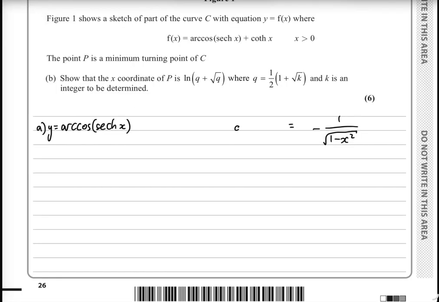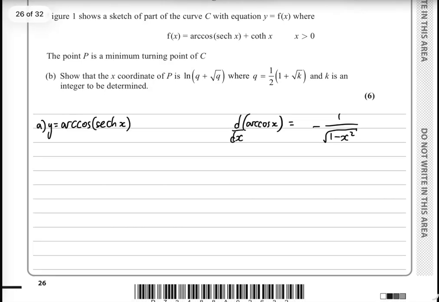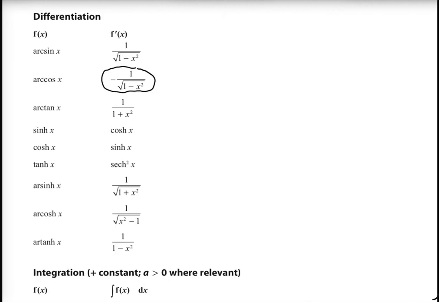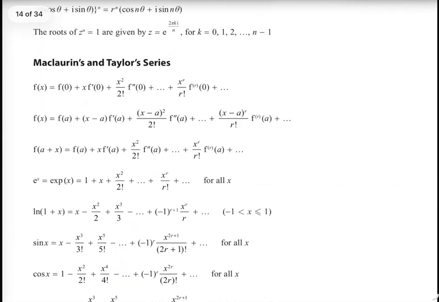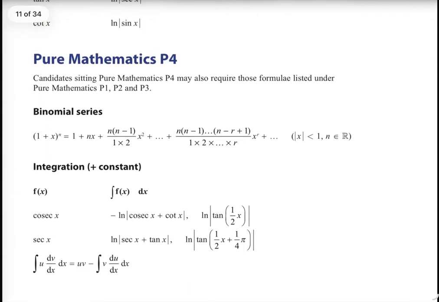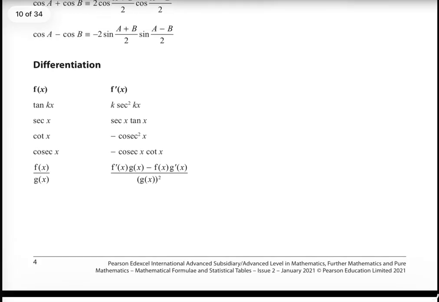This is the derivative of arc cos x, but of course we've got sec x, so we're also going to need to know what is the derivative of sec x. Back to the formula booklet. Now the derivative of sec is not here, but if you go back to P3, here it is.